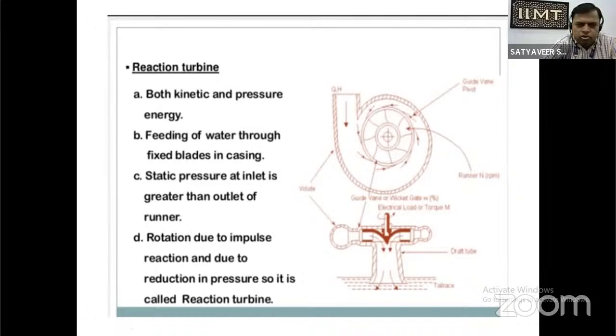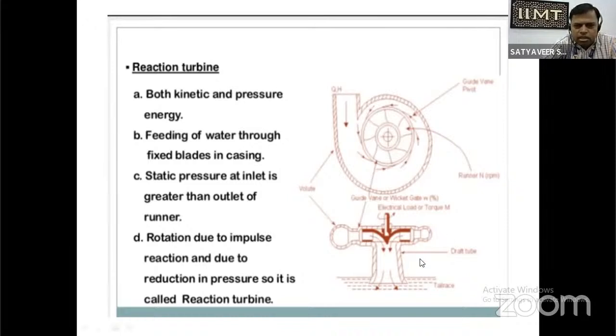RPM stands for revolutions per minute. There is a volute casing, and this is the volute casing of the reaction turbine, and water from the penstock pipe comes into the turbine chamber. Penstock is a large diameter pipe that supplies liquid from the dam to the turbine chamber.